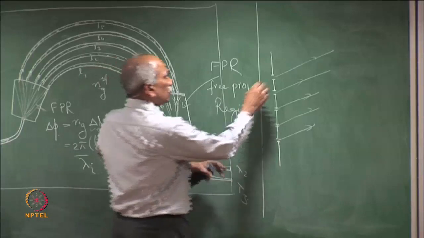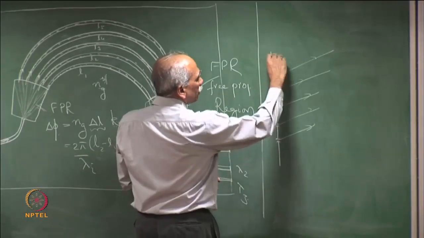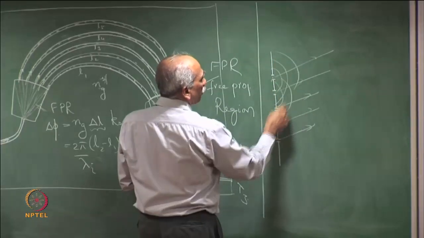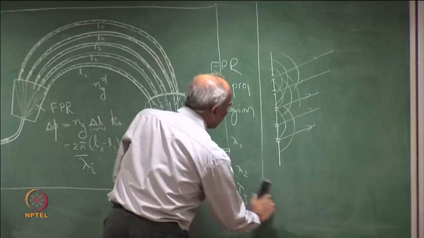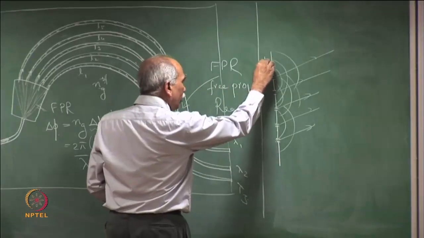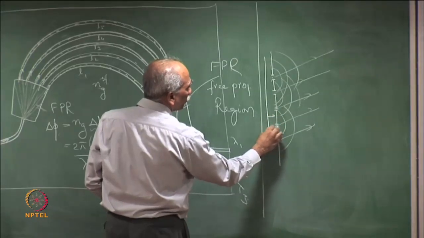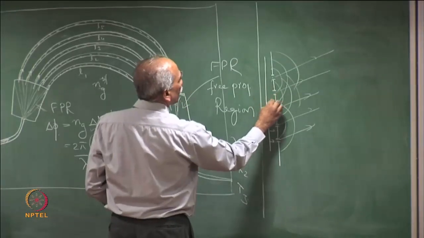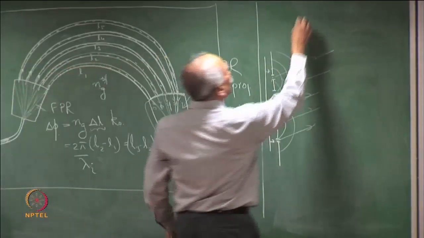they are point sources. If I consider these as point sources, then each one of them is emitting like this. If the input here is a plane wave, which means all the point sources, so this is the input, what I am describing is diffraction by a single slit.